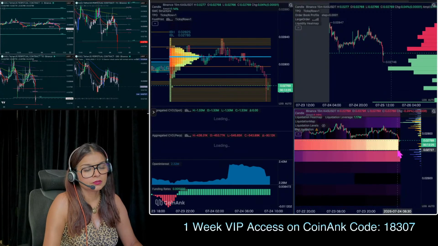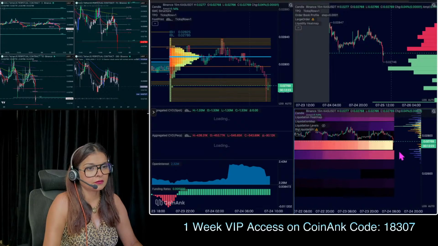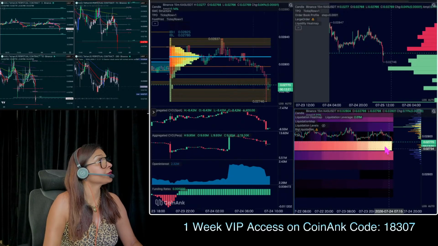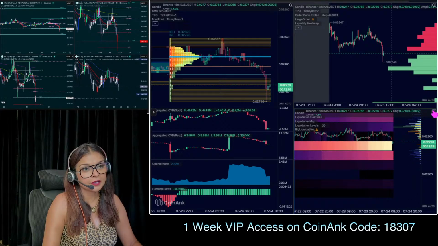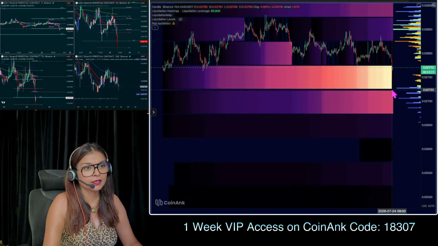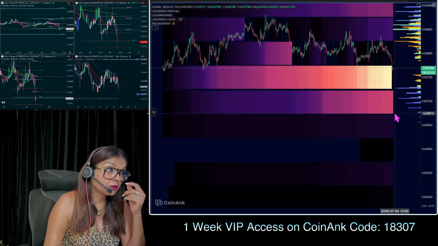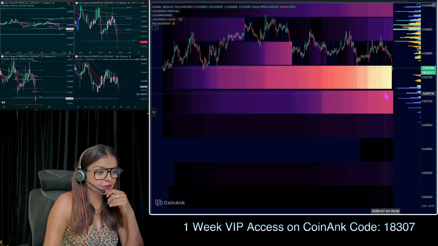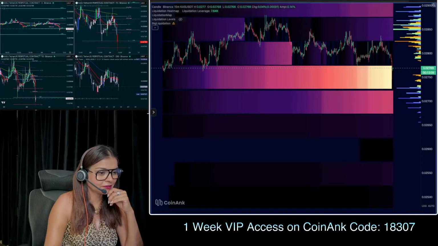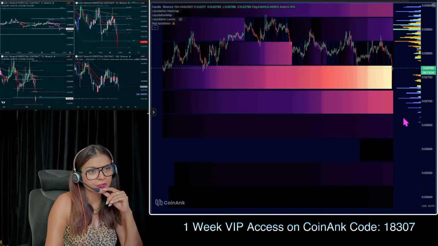All right, let's see. Where is it going to? Oh, it's coming here. Okay, here is your liquidation area on CAS. All right, so it's going to come take all of these guys out. And then probably reverse, I hope. Okay, I'm good.